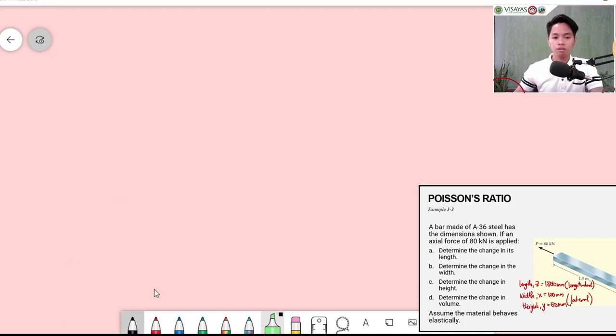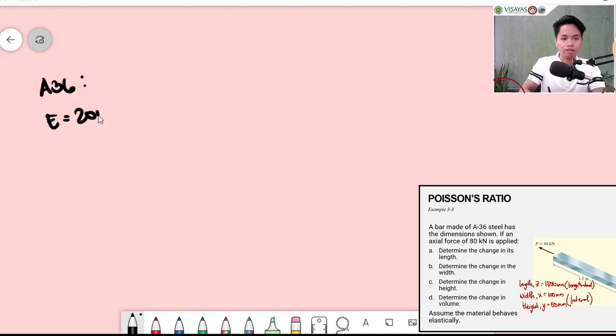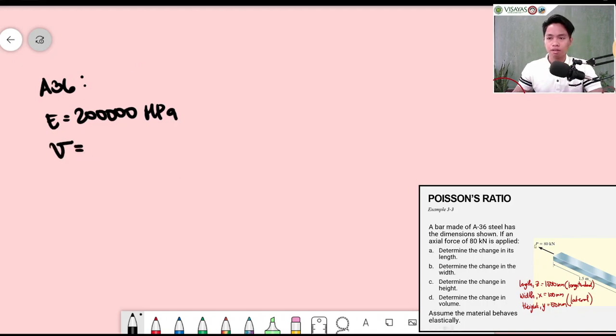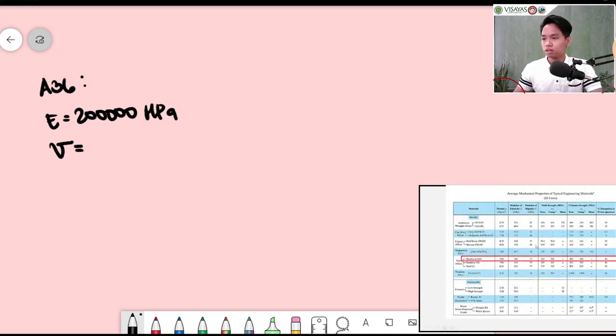First, we need to find the Poisson's ratio. We have your A36 steel. So therefore, your E is automatic, that would be 200 gigapascal. And your Poisson's ratio for A36, let's look at the table.